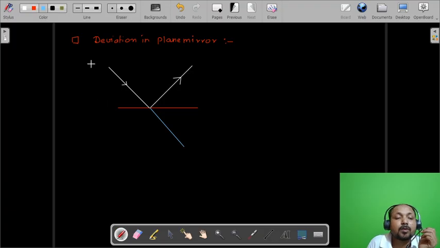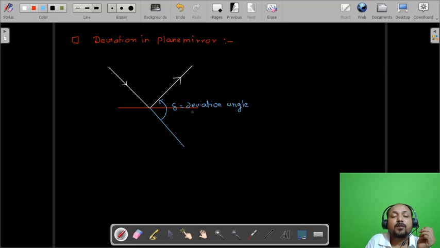Here we can see that this incident ray has deviated by this angle, and this angle is called the angle of deviation or deviation angle.